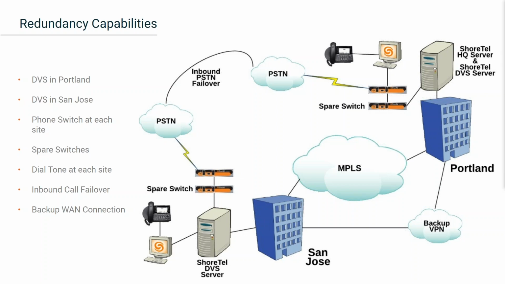The big thing with having all your spare switches located in Portland is you rely on your MPLS connection. Most of our customers do only put spare switches at their headquarters because they can work for all sites, but we have to take into account that that's going to require the MPLS. All of those phones and hunt groups would fail over to the spare switch in Portland, which means all of our call buildup and teardown and hunt group routing is going to go across the MPLS, which typically isn't that big of a deal short term.